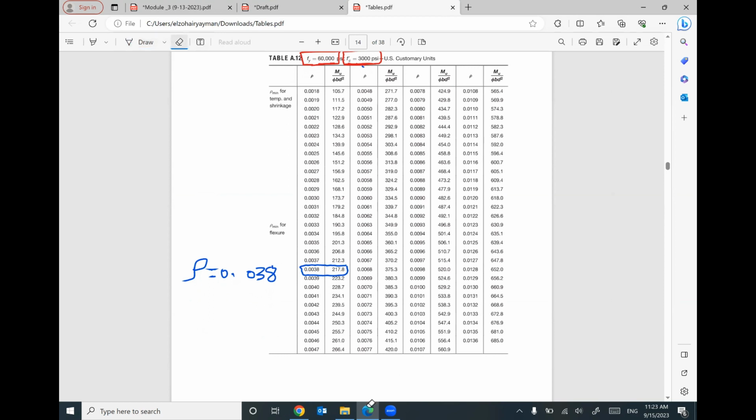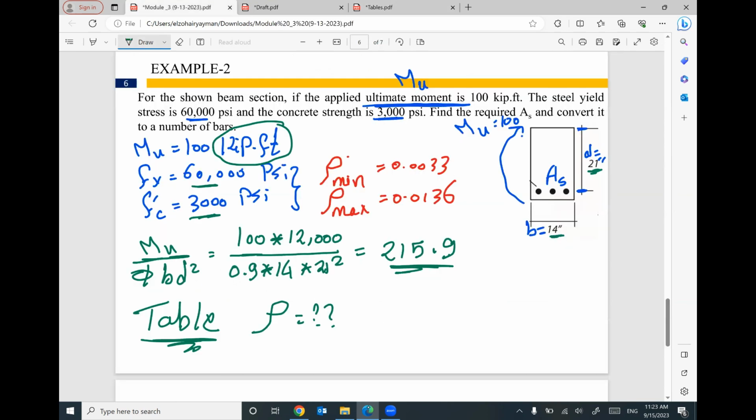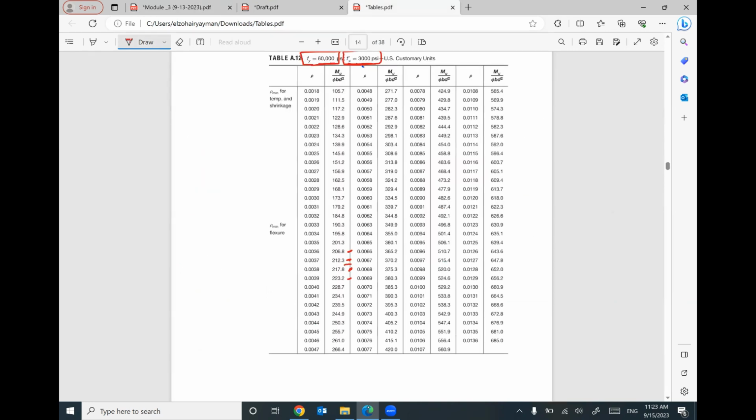215.9. If you look here, we have 200, we have 215, 212, 217, 223, 206. Looks like we don't have 215. So the closest number to 215.9 will be 217.8.